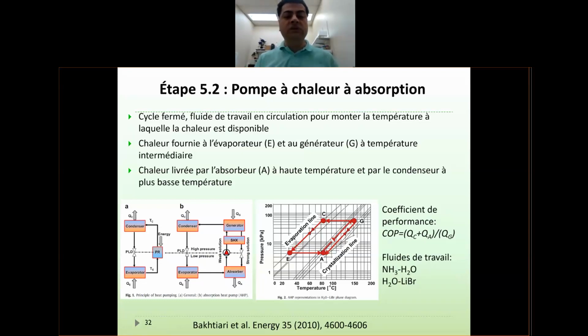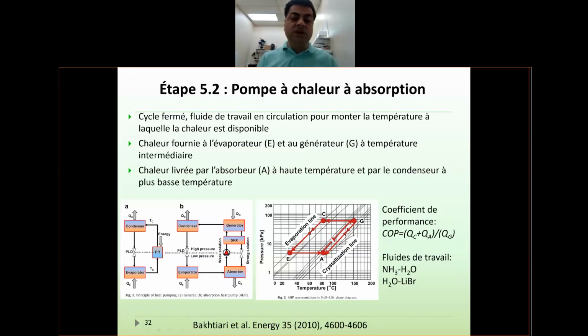Let's say ammonia is absorbed in water. This absorption is exothermic, so some energy like QA is released. After absorption, we now call it the weak solution.